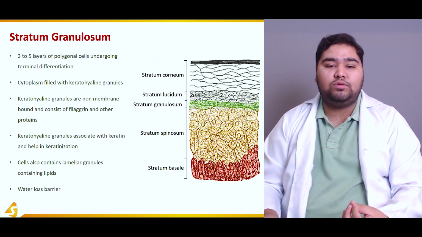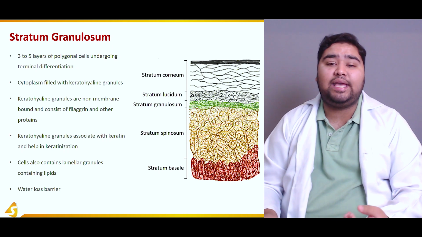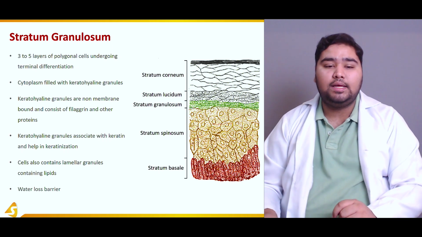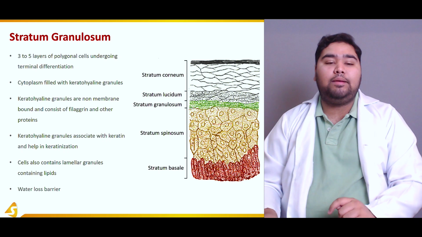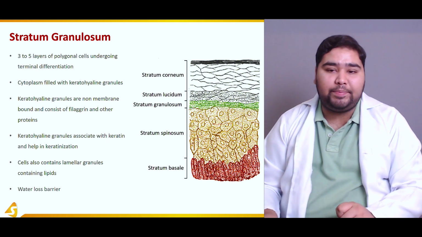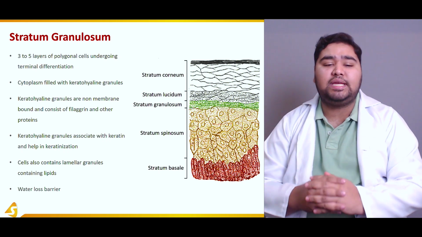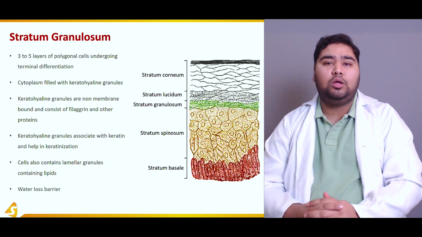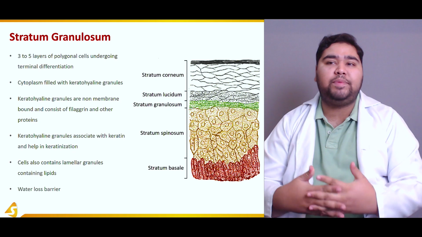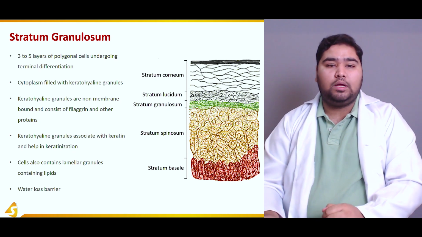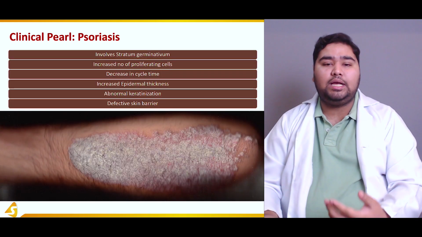Keratohyaline granules associate with keratin and help in keratinization of the upper layers. These cells also contain lamellar granules containing lipids. These lipids, when secreted in between the cells, help to maintain the water loss barrier, which helped in development of terrestrial life.